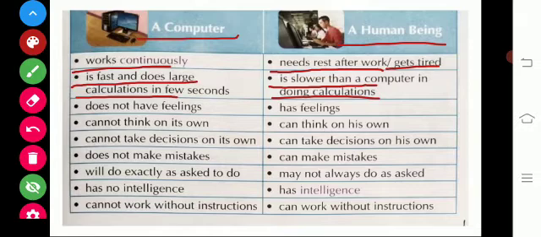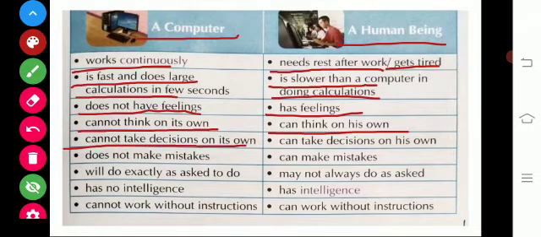A computer does not have feelings, but a human being has lots of feelings. A computer cannot think on its own, but a human being can think on his own. A computer cannot take decisions on its own. A human being can take decisions on his own.